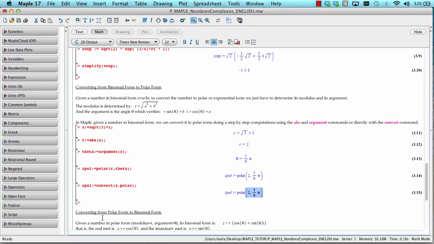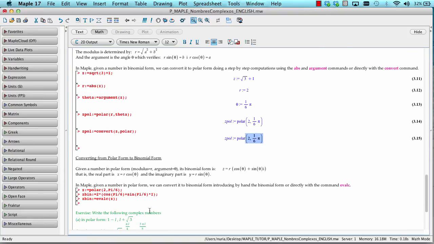Okay. Now, converting from polar to binomial. Given a number in polar form, remember that its binomial form is magnitude times cosine of the argument plus sine of the argument times the imaginary unit. So we can either do it by hand, or we have this command evalc, which directly converts it.